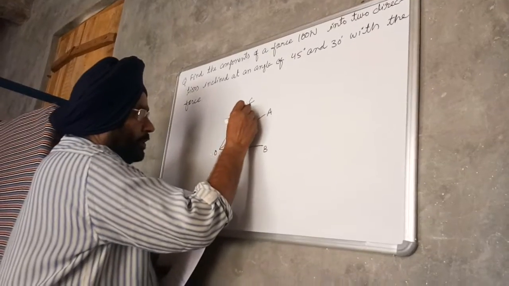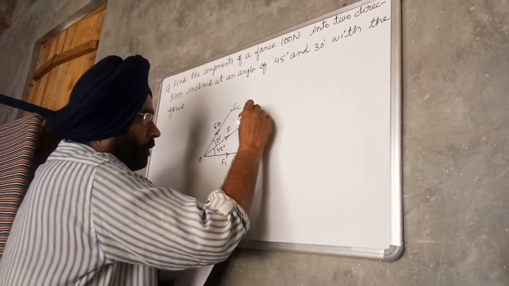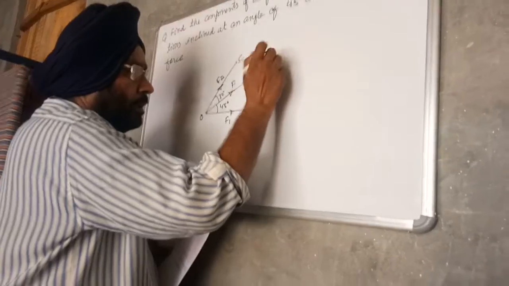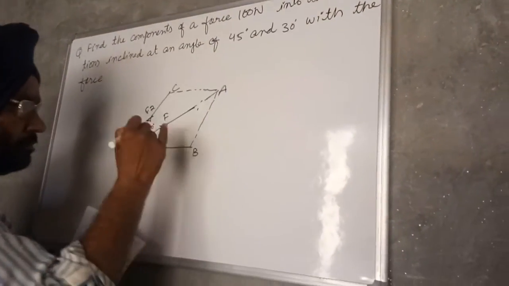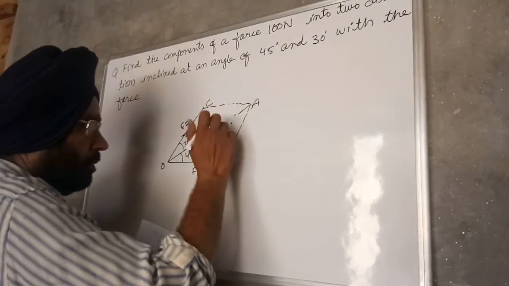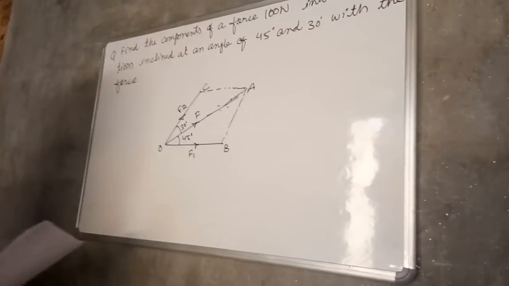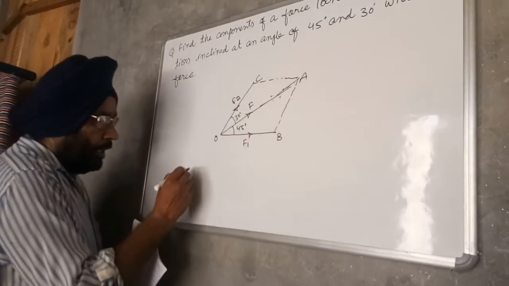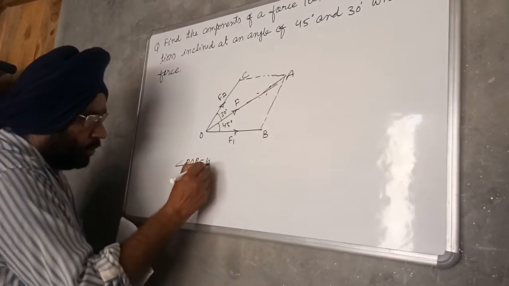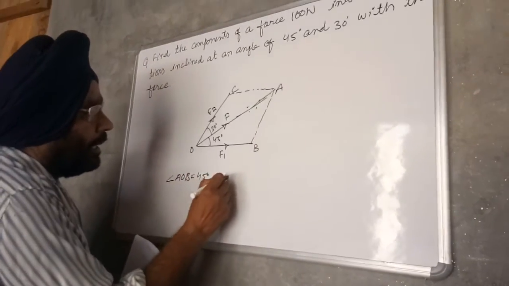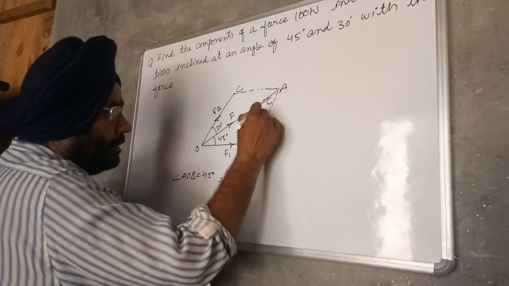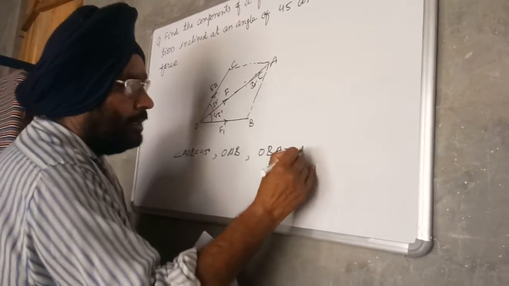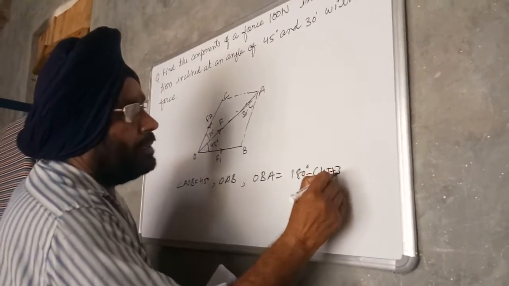Then complete the parallelogram OCAB. Now in the triangle OAB, angle AOB is equal to 45 degree, and angle OAB is 30 degree, and angle OBA is 180 minus (45 plus 30) degrees.